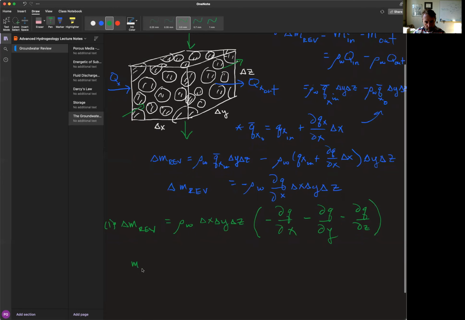So M REV is equal to the density of water times the porosity, assuming full saturation, times the volume of the cube.